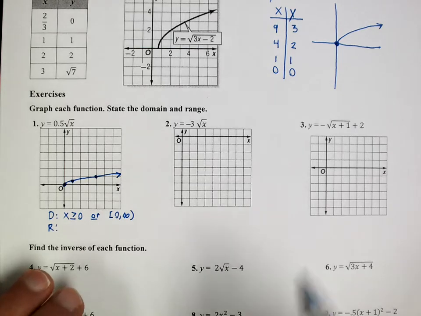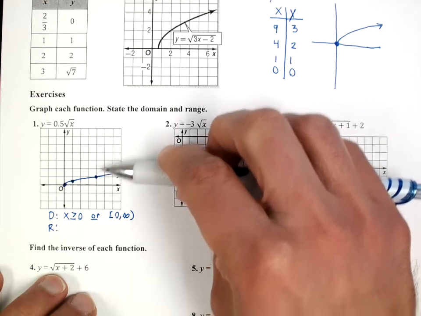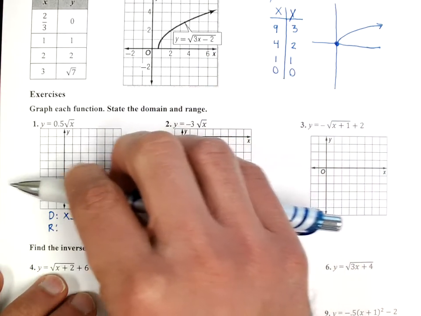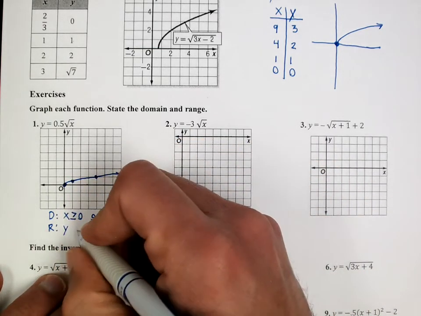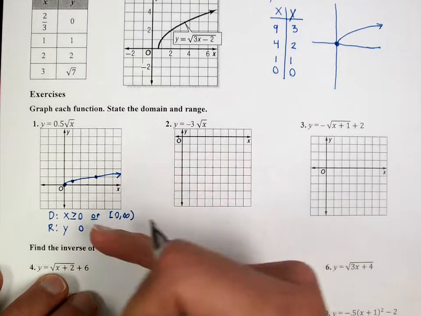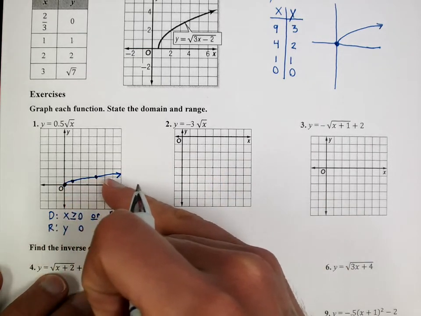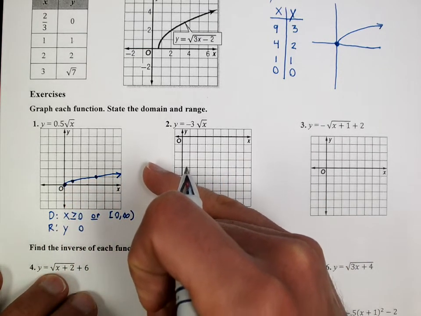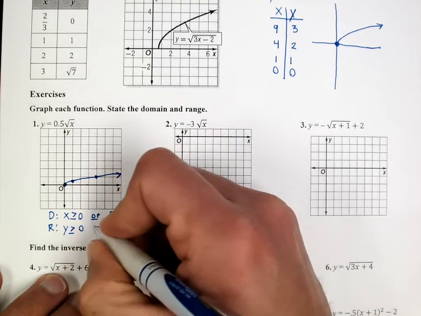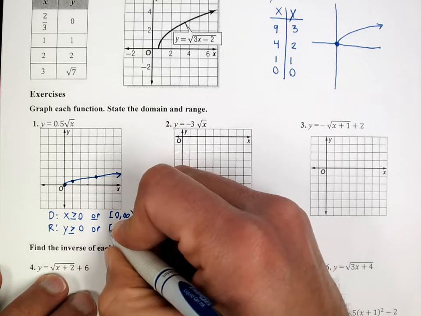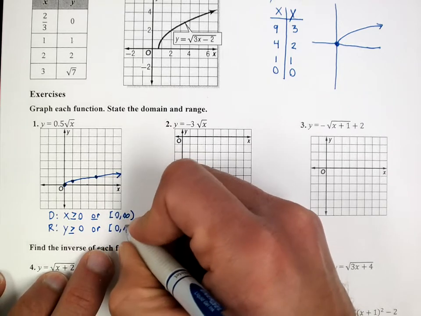The range, remember, we're talking about how low and how high something gets. The lowest point right here is also 0. And as this graph moves to the right, y keeps increasing, going up, so this is also y is greater than or equal to 0, or between 0 and infinity.